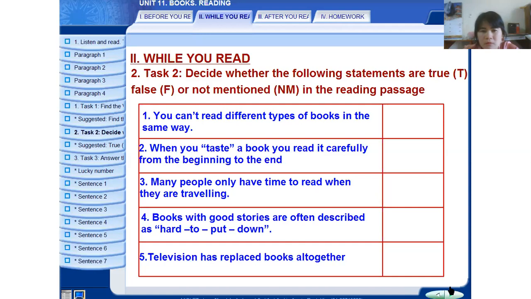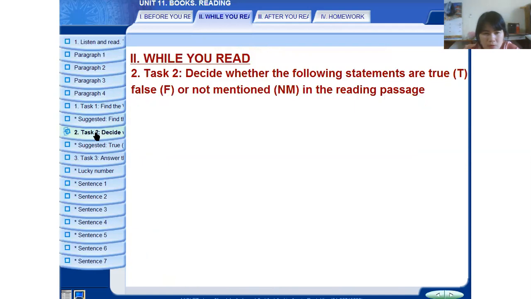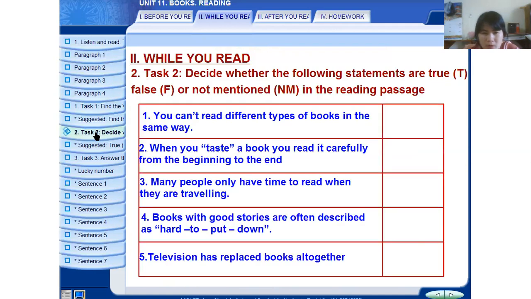Now, you may have three answers: true, false, and not mentioned. And for the information, you can refer to the written passage, right? You try to remember. The question is here: you can read different types of books in the same way.